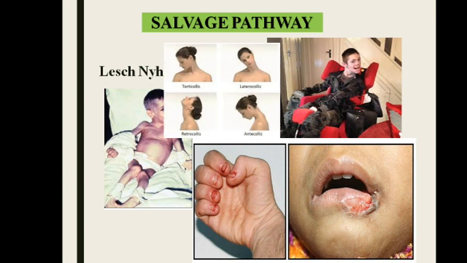You can look at certain abnormal dystonic movements like torticollis, lateral bending, forward bending and backward bending of the neck. So these are the different clinical manifestations of Lesch-Nyhan syndrome. The patient presents with self-mutilation, that is biting of lips and fingers, and is restricted to bed because of the dystonia, with dystonic movements like torticollis, laterocollis and retrocollis.